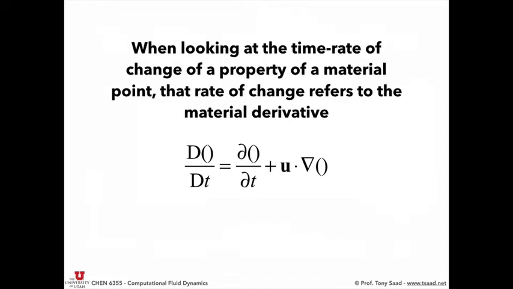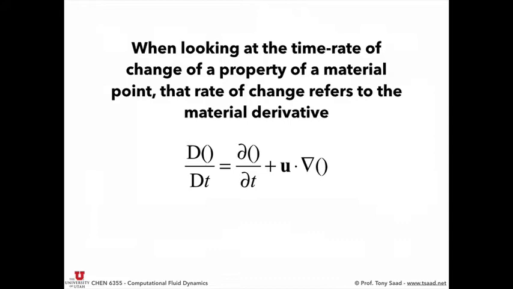Now, is there a relation between the Reynolds transport theorem and the material derivative? The Reynolds transport theorem related the time rate of change of a system, a collection of fluid particles, as it flows through space, to what an observer sees from an Eulerian perspective.